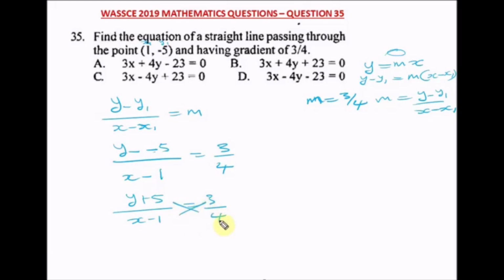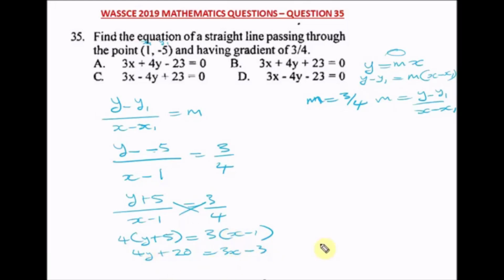We cross multiply. So we have 4 bracket y plus 5 equal to 3 bracket x minus 1. Okay, so let's open our bracket. We have 4y plus 4 times 5 is 20, equal to 3 times x is 3x, and 3 times minus 1 we have a minus 3.